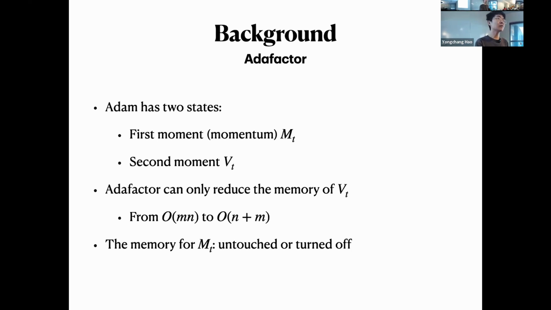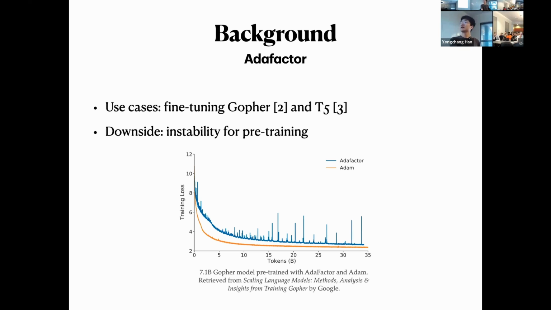But one of the problems here is that it cannot factorize the first momentum, because there's no rule for matrix factorization with both positive and negative entries. In this case, if we want to obtain the real sublinear memory complexity, they have to turn the momentum off.